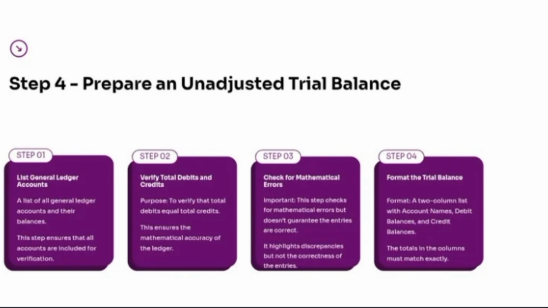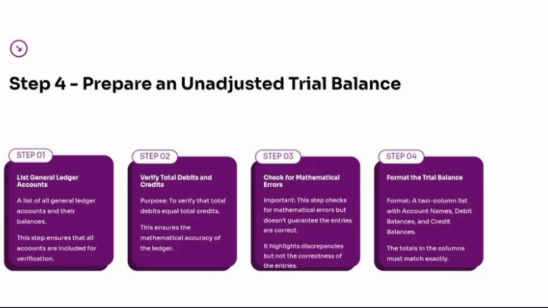Step 4, preparing a trial balance. After posting everything into the ledger, we now want to check if our work is correct, and we do that by preparing the trial balance. A trial balance is a list of all ledger account balances. We separate them into debit and credit columns.